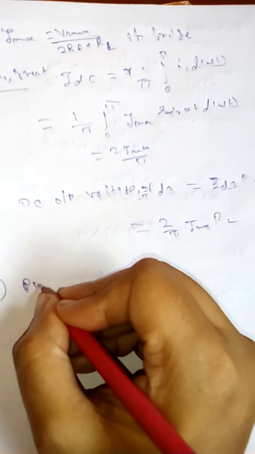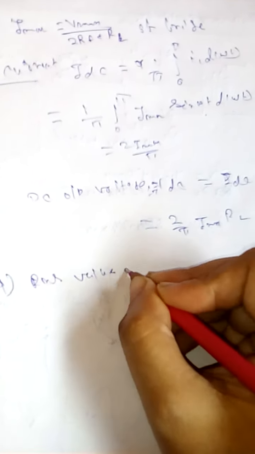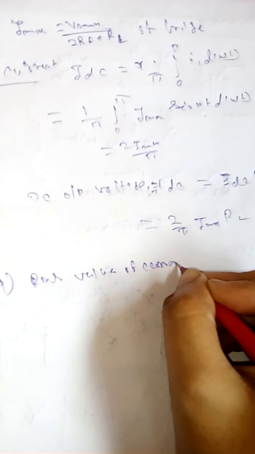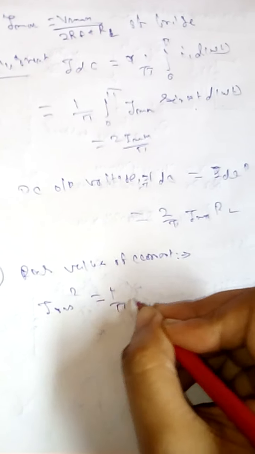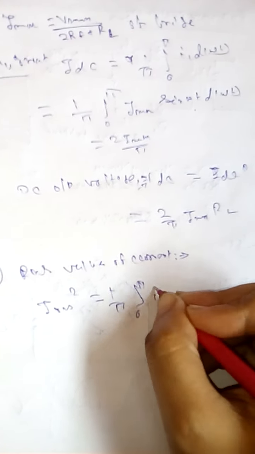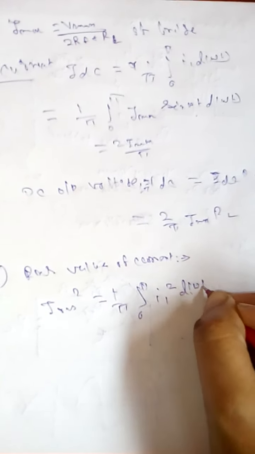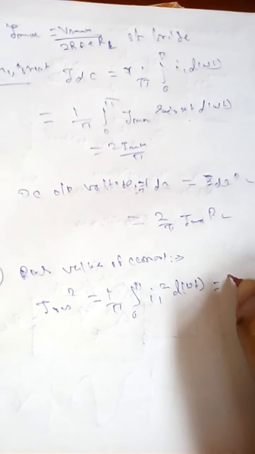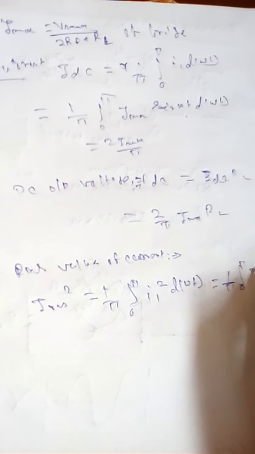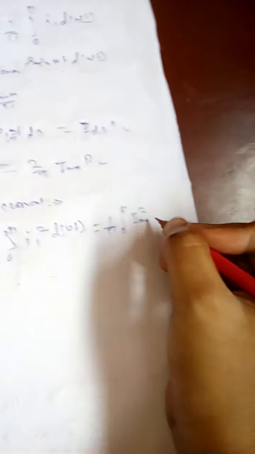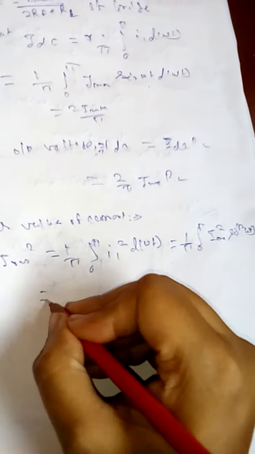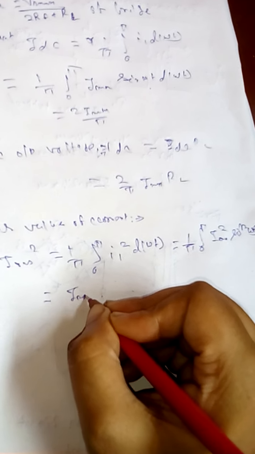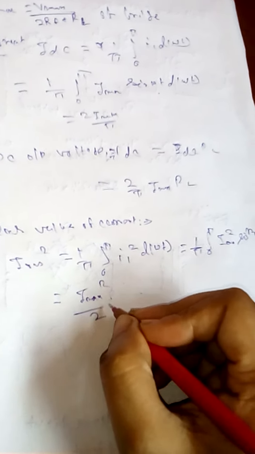Number 4, RMS value of current. IRMS square equal to 1 by pi integral 0 to pi of I square d omega t. If we calculate, we get 1 by pi integral 0 to pi of I max square sine square omega t, so we get I max square by 2.